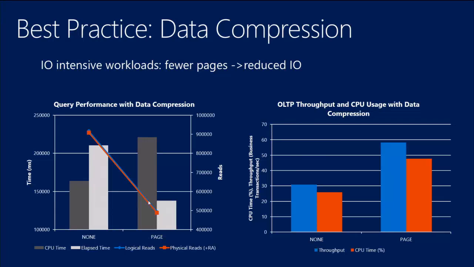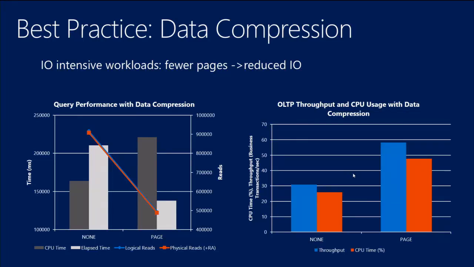It goes up because it's doing work to do the compression and uncompression. But your physical reads goes right down. Your logical reads goes right down. And in this case, the elapsed time went right down. There's more details on what the test was. This is actually taken from the white paper. There's more details on the mechanics of this test. But it definitely made a huge difference for a data warehouse type workload.